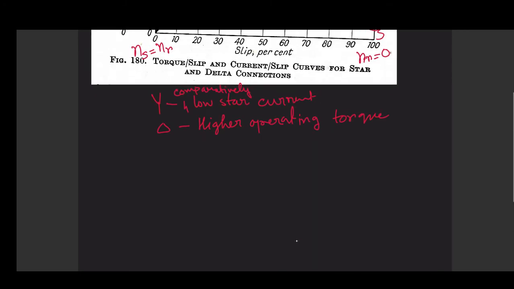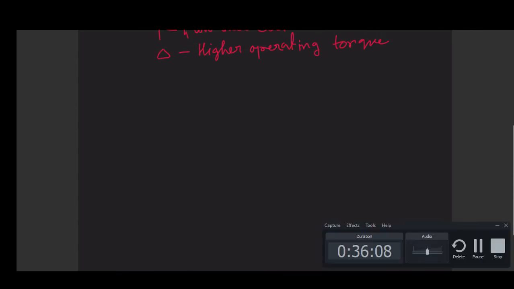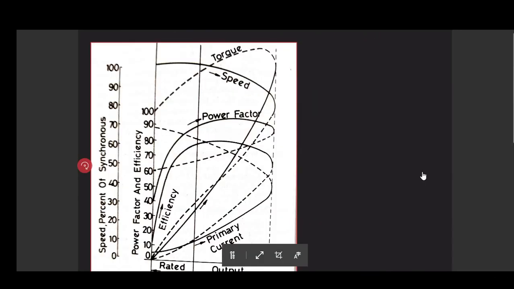Let us try to discuss one more diagram. Consider this diagram. Here what we are doing is plotting all these as a function of our output power. Here we are considering output power as the independent parameter. The logic behind this is that output power is something that is governed by our external load demand.